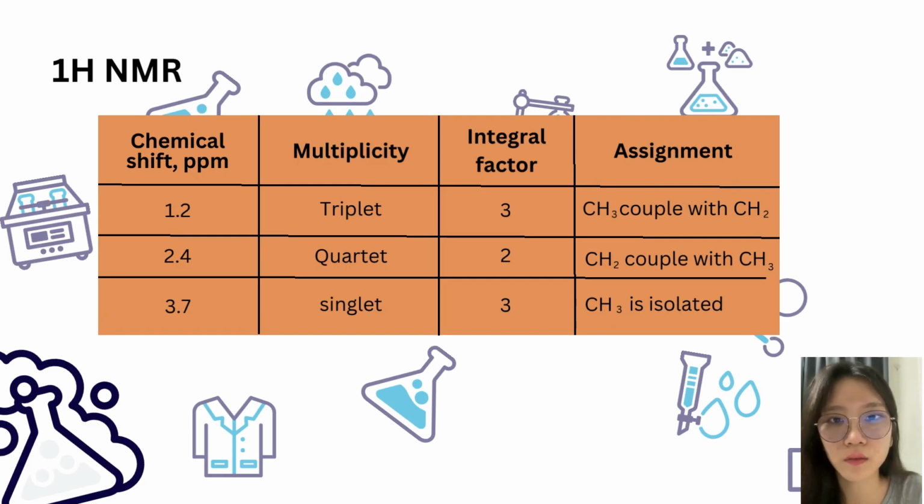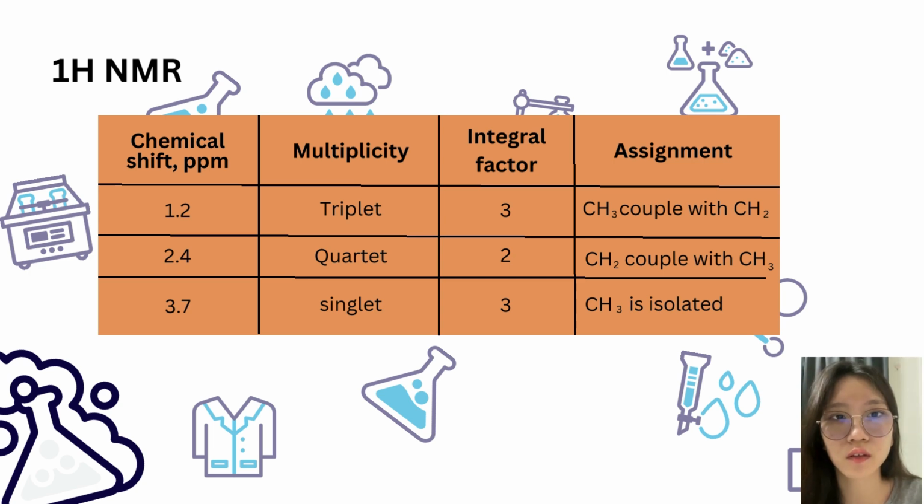For the compound with the molecular formula C4H8O2, it has a chemical shift of 1.2 ppm with the multiplicity of triplet and integral factor of 3. So this assigns that the group is CH3 coupled with CH2.